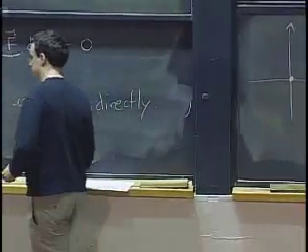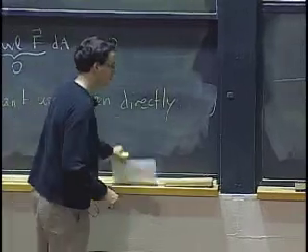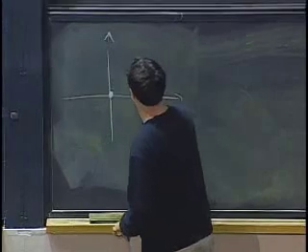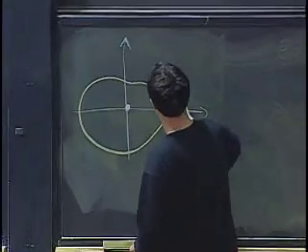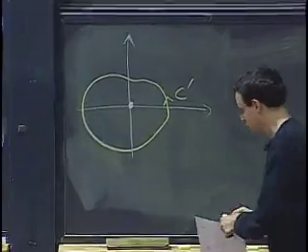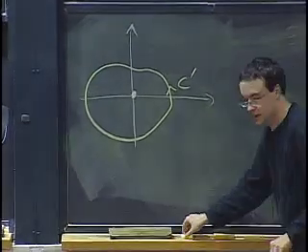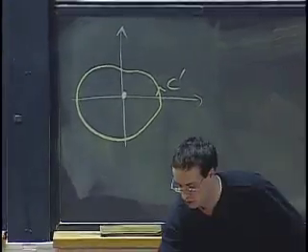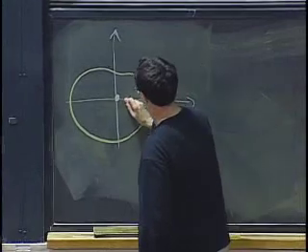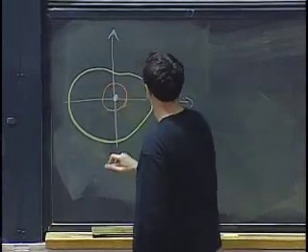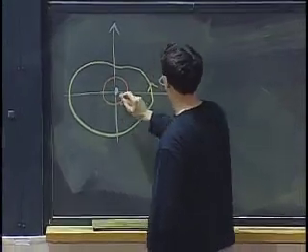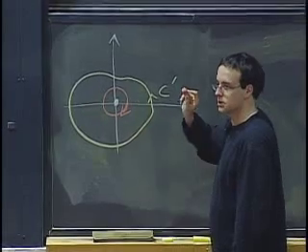Let's say I have my curve C prime, and I can't apply Green's theorem to the region inside it. But let's cut out a smaller curve. That one I'm going to make going clockwise. You'll see why.